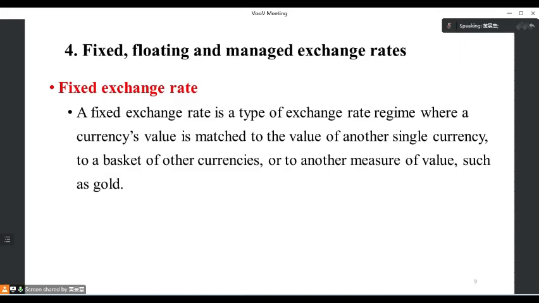If one Chinese yuan is under a fixed exchange rate, it can be valued by the US dollar. And if the condition of the foreign market changes, the ratio between the two currencies will not change. This is a fixed exchange rate.